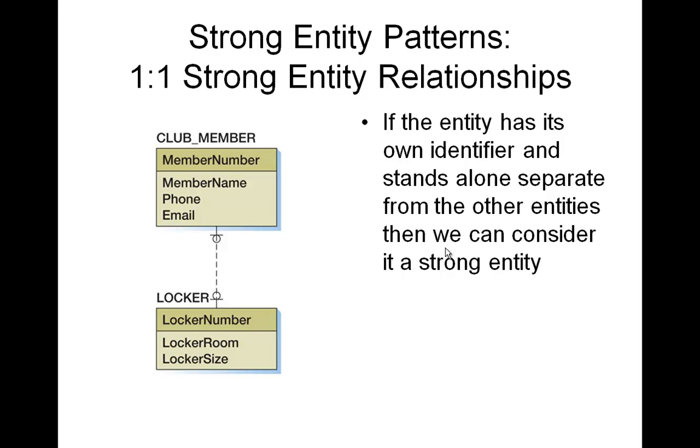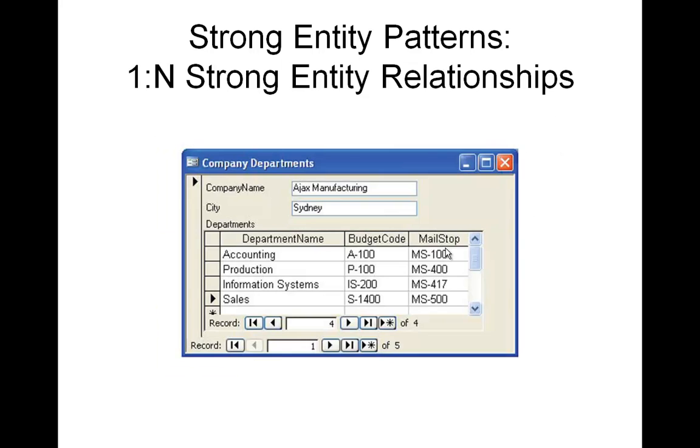In a one-to-many relationship, take the company and departments, where we have a company that has different departments or many departments. The department is a strong entity that can stand alone. We have departments in a company, in an educational institution, and in a governmental organization.